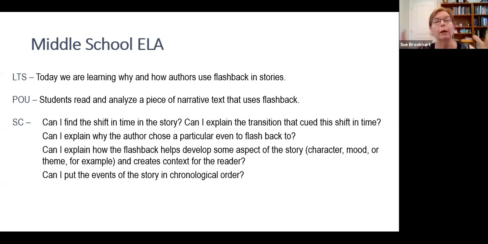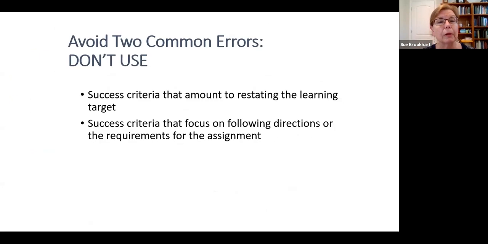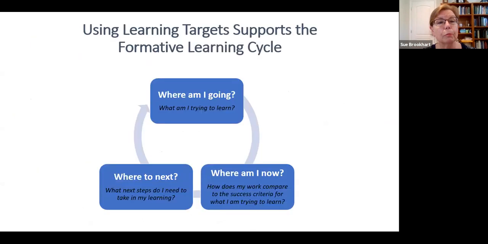So it's a whole big ball of wax, the point of which is for students to be able to do this, to know where they're going, to keep track.